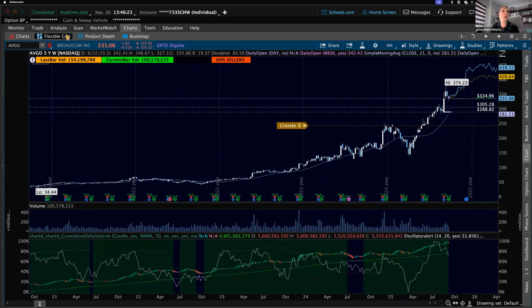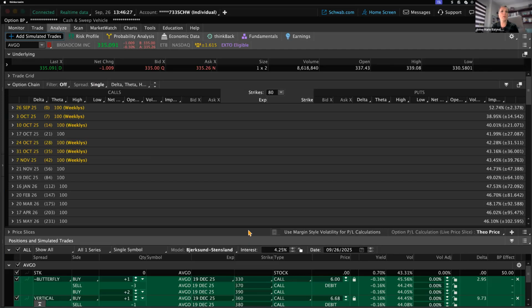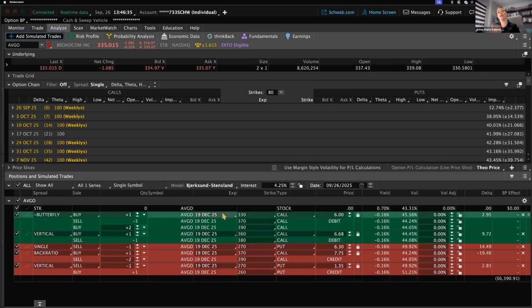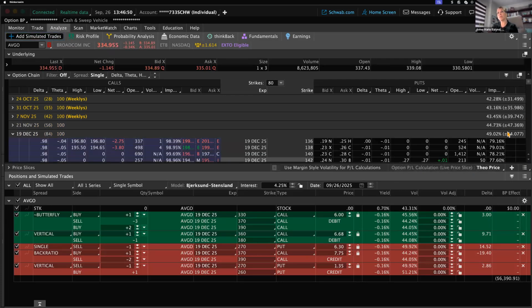So let's look at all the different ways we can build positions based on our general temperament. Again, you can use December options, you can use January options. The first one is, and I'm going to take the midpoint, let's see what December is carrying. December's carrying $64 of implied volatility inside of it.